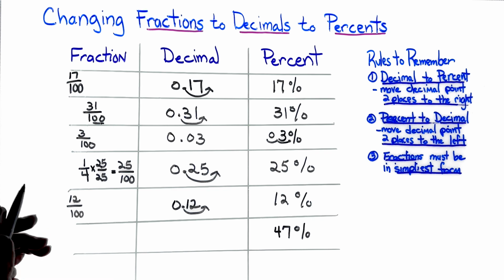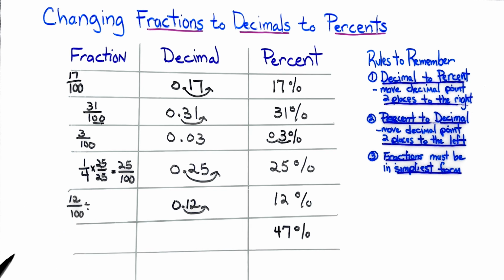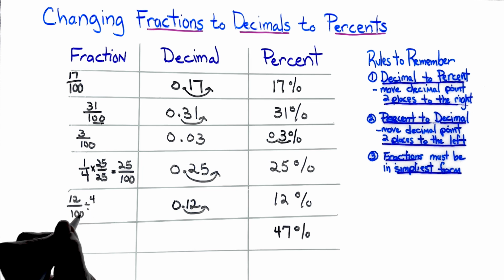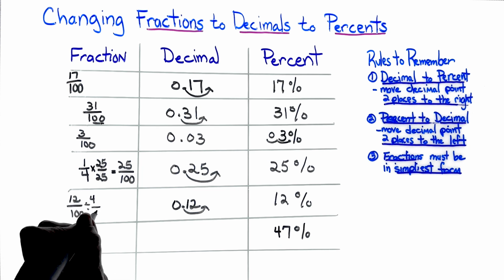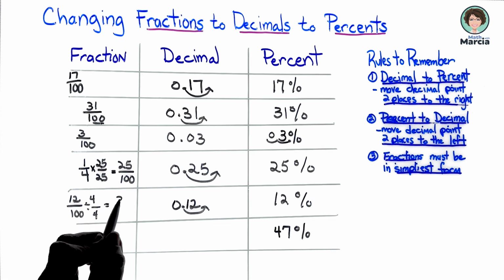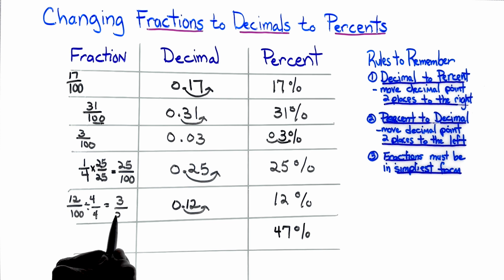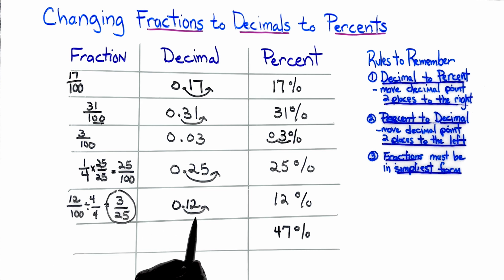I know I could divide by 2, but you know, there is actually a bigger factor they have in common. You can divide both of these by 4. So 12 divided by 4 is equal to 3, and 100 divided by 4 is equal to 25. So this actually is my fraction that I would write because it is in simplest terms.